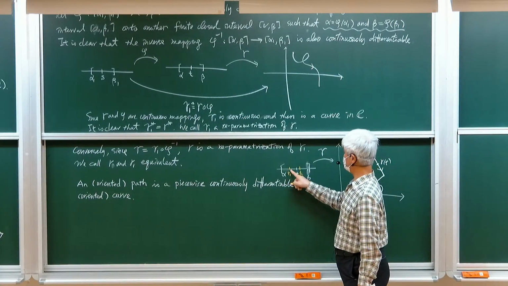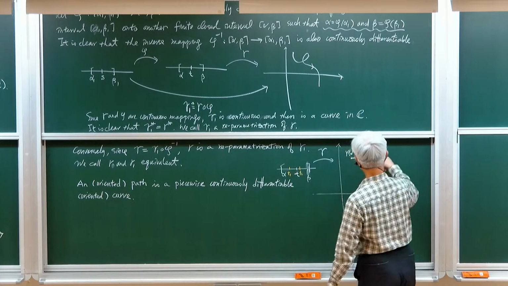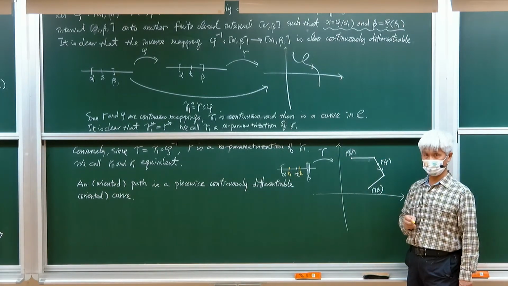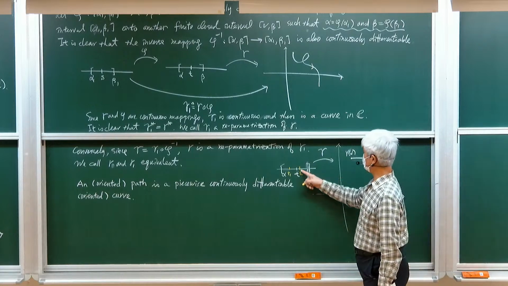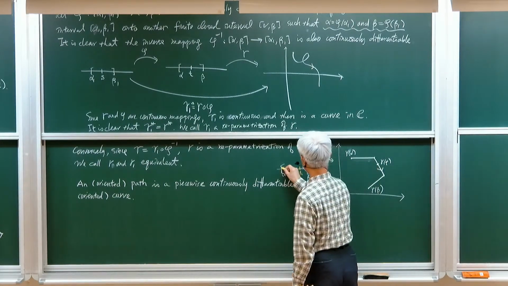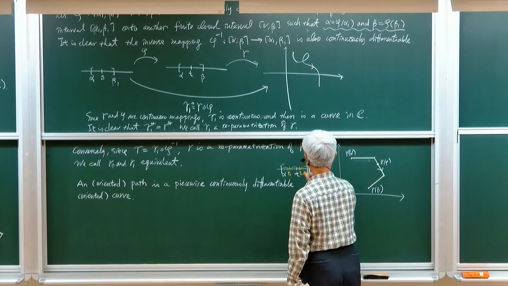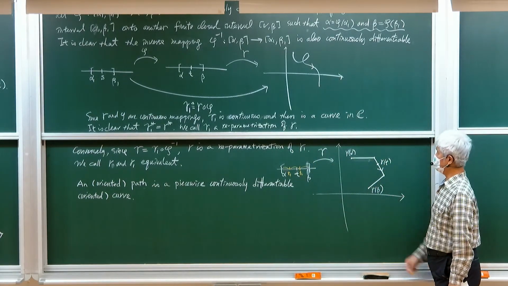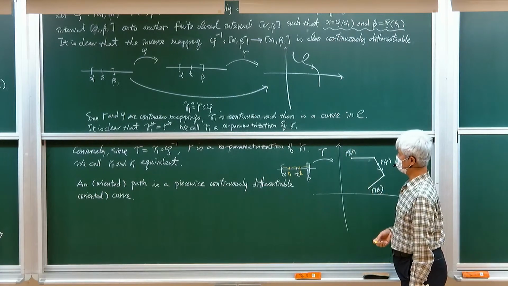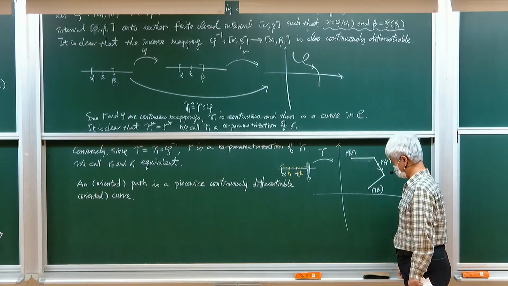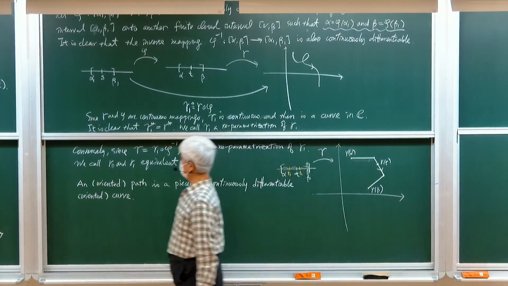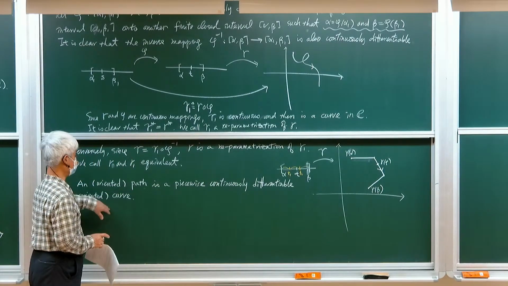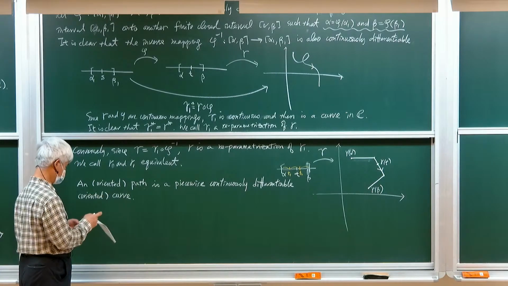And from T1 to T2, corresponding to this line segment, it's also continuously differentiable. In each piece, the mapping is continuously differentiable. Such an oriented curve will be called an oriented path.